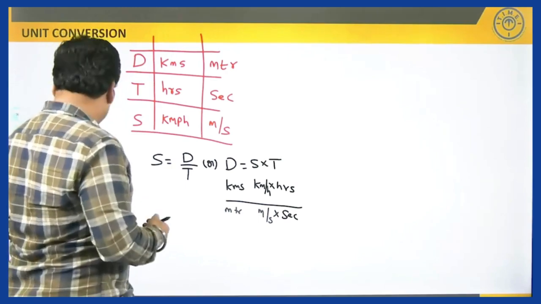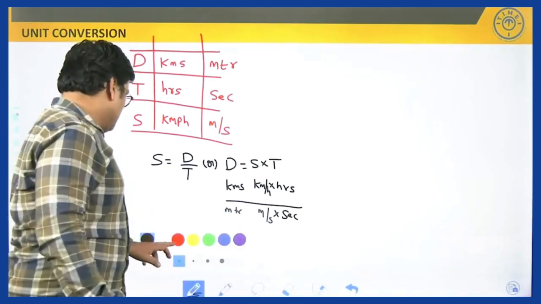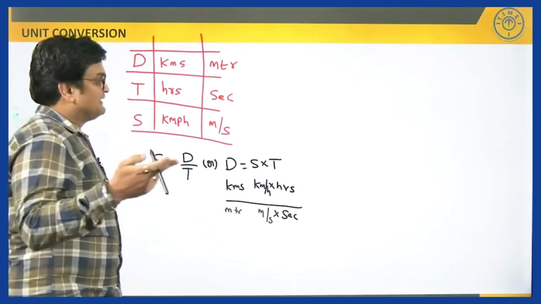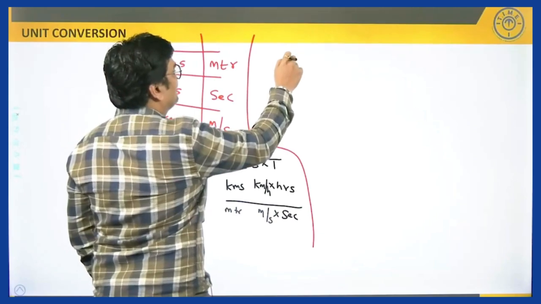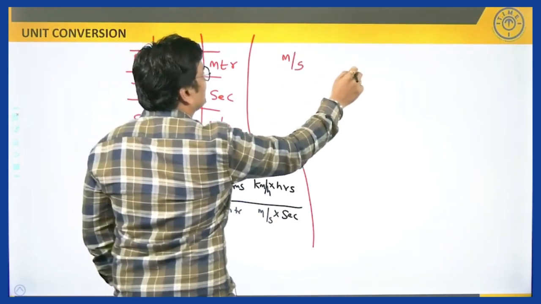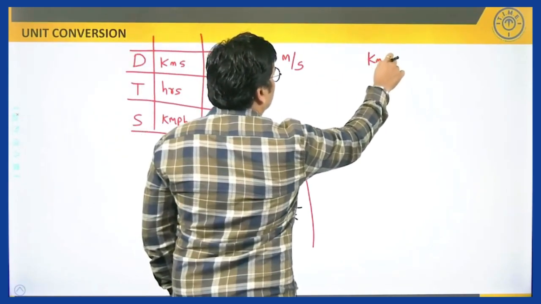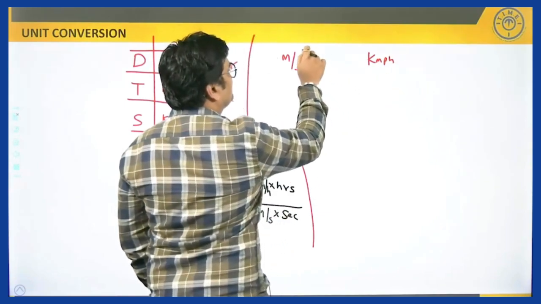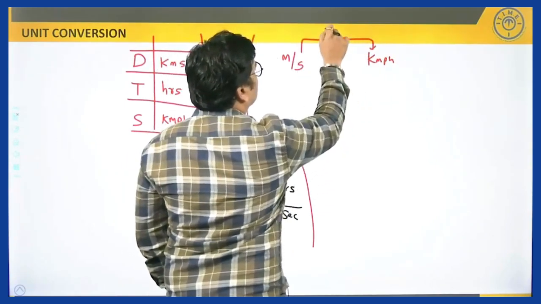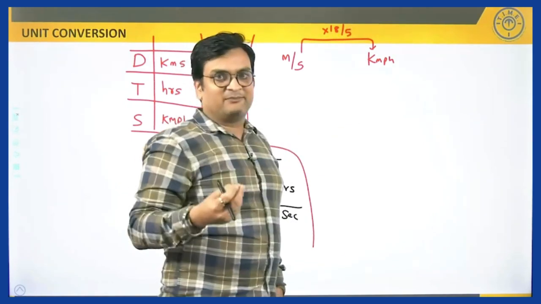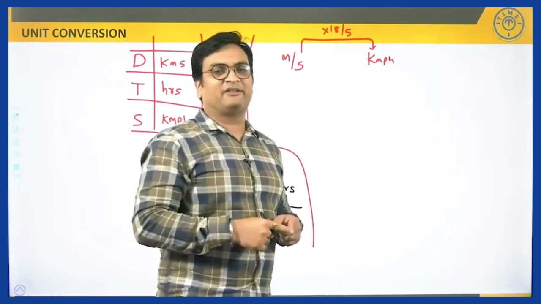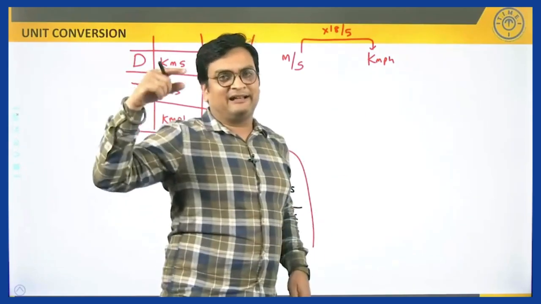So sometimes there would be a need of converting one unit to the other. For example, very commonly we convert speed. If I want to convert meters per second to kilometers per hour, the conversion factor that we'll be using is 18 upon 5, which is very easy to calculate because we know a kilometer is 1000 meters and an hour is 3600 seconds.